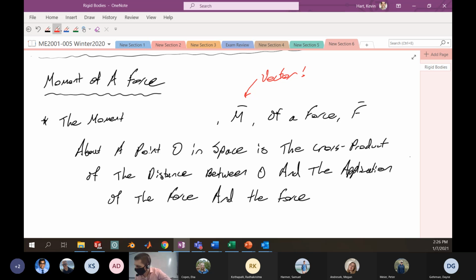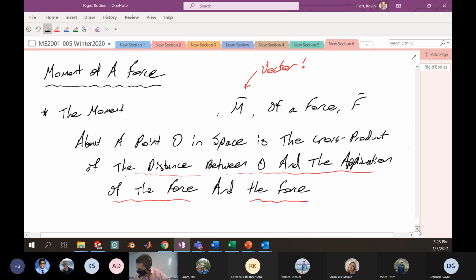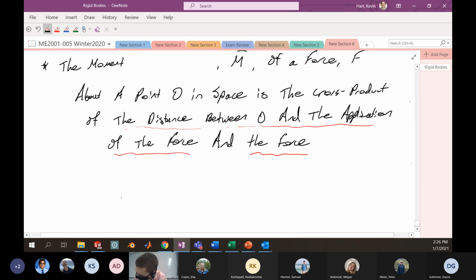Okay, so the distance between O and the application of the force, that's one vector. That's your position vector that locates the force, and the force. So if we put this in mathematical language, the moment about some point O is the position vector R crossed with the force.